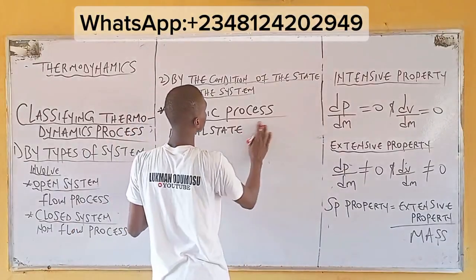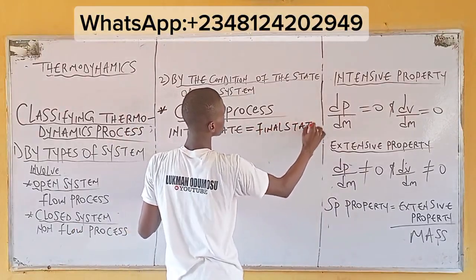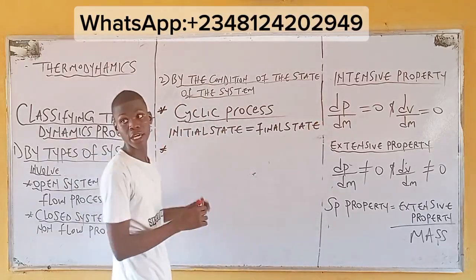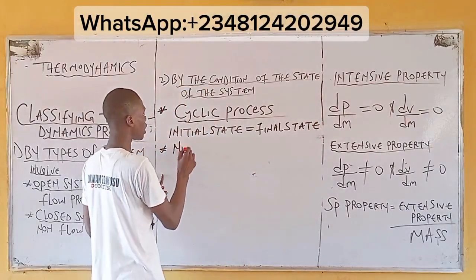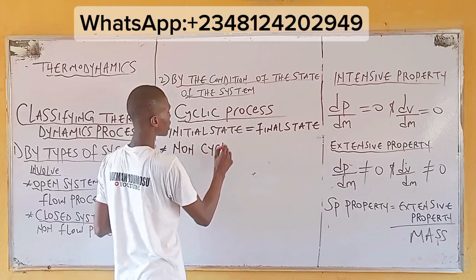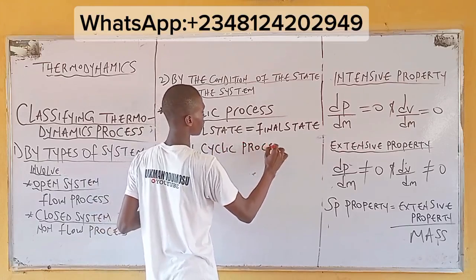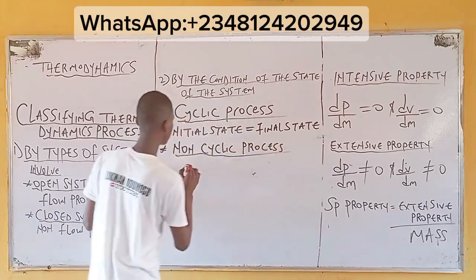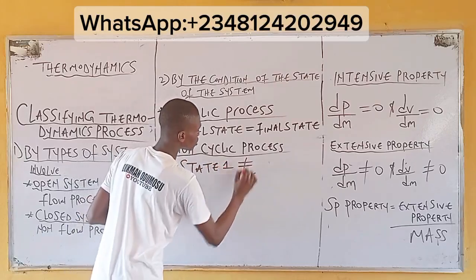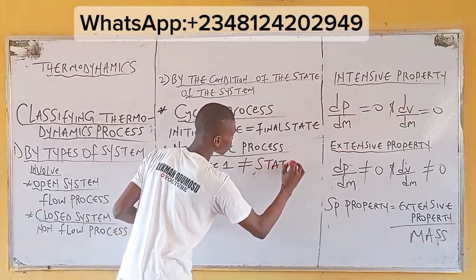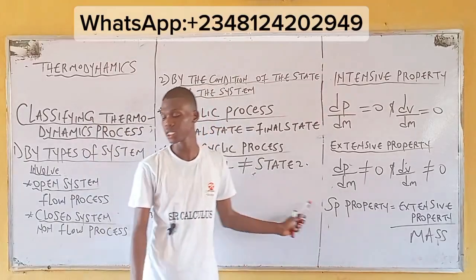The initial state is equal to what? Final state. Now, the next one, non-cyclic. For cyclic, initial state is equal to final state. For non-cyclic, what do you have? So write that. Initial state is not equal to your final state. Meaning the initial state, state 1, is not equal to what? Final state, meaning state 2.